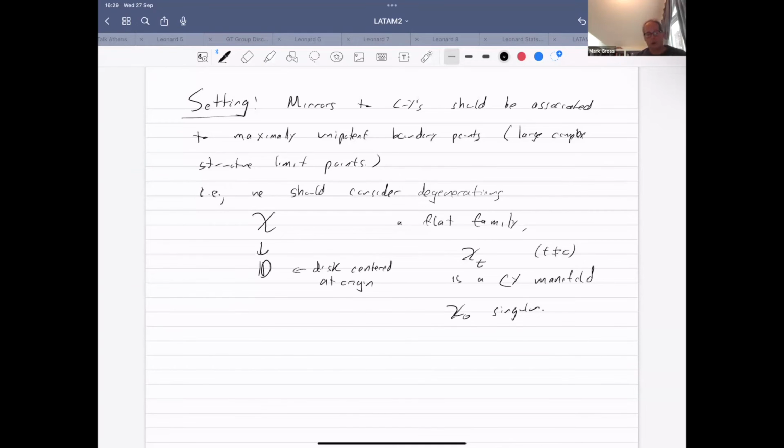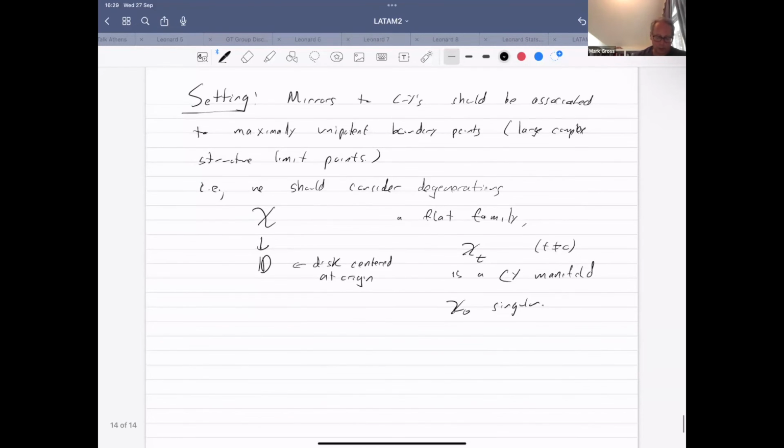So there are some standard examples of this. For example, let's take a parameter t times (x_0^5 + ... + x_4^5) plus x_0 times up to x_4 equals 0. This defines a family inside A^1 with the coordinate t, cross P^4.